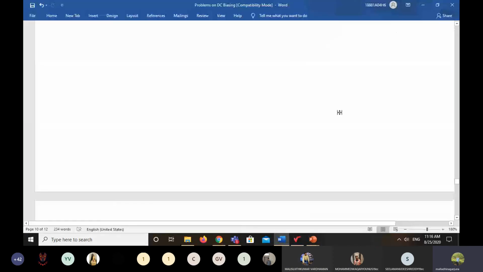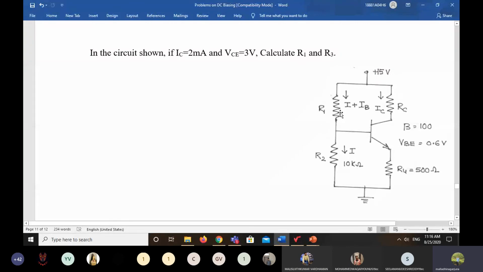We'll move to the next problem. So this is also the same. Only thing is here we have IC and VC values.